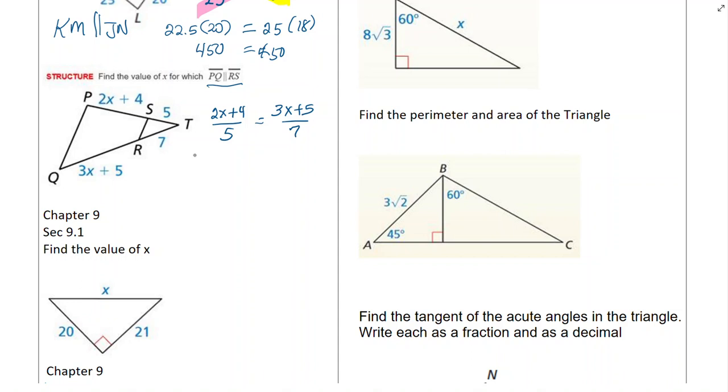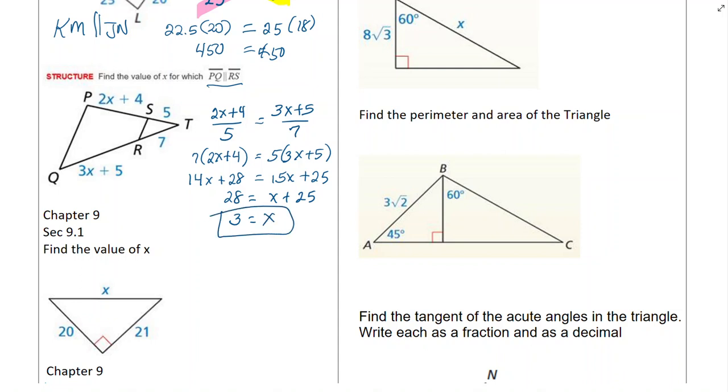I'm going to cross multiply. I'm going to subtract the 14x's. I'm going to subtract the 25. All right.